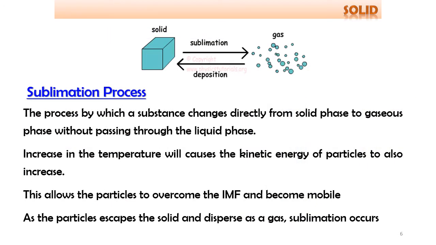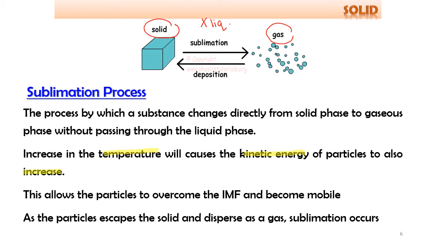Next, we will look at sublimation process. So sublimation process is when you have solid phase and it converts directly into gas without going through liquid phase. An increase in the temperature will cause the kinetic energy of the particles to also increase.